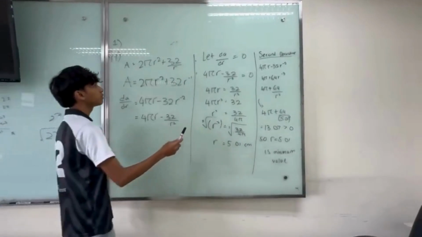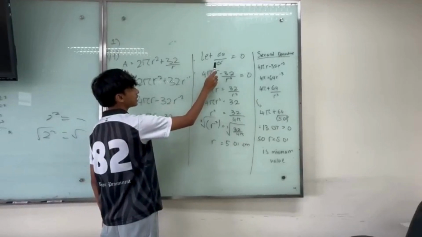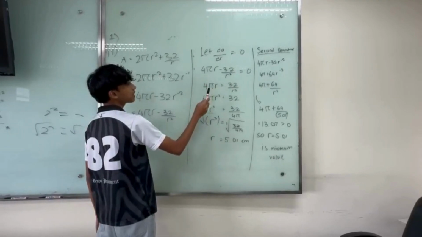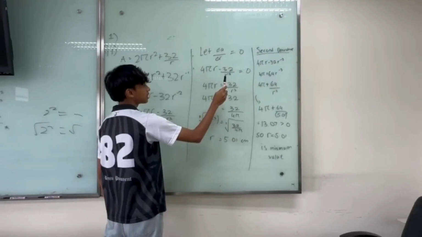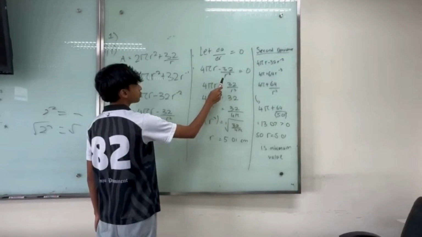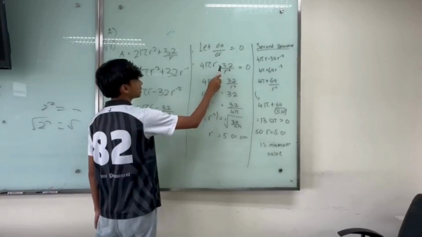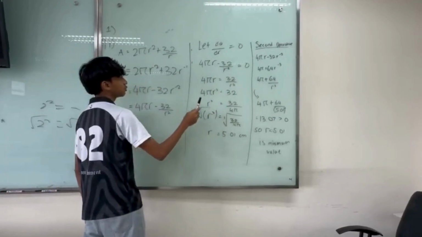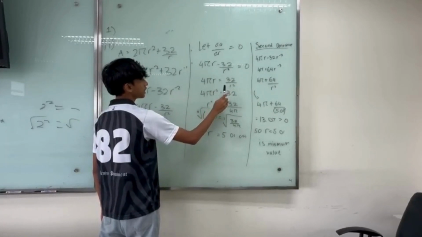Then we need to let dA over dr equal to 0. So 4 pi r minus 32 over r squared equals 0. We need to take the negative 32 over r squared to the right side, so we get positive 32 over r squared.